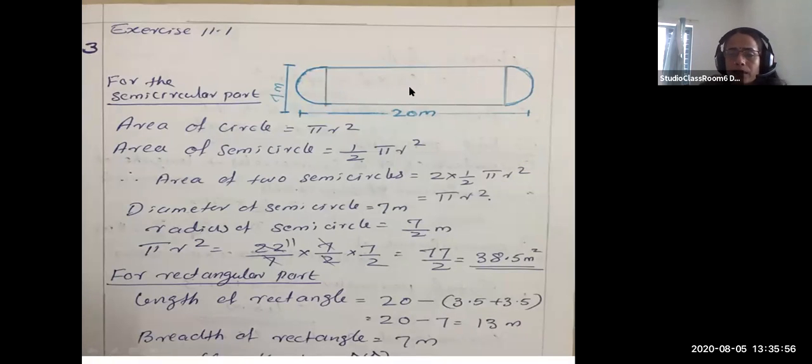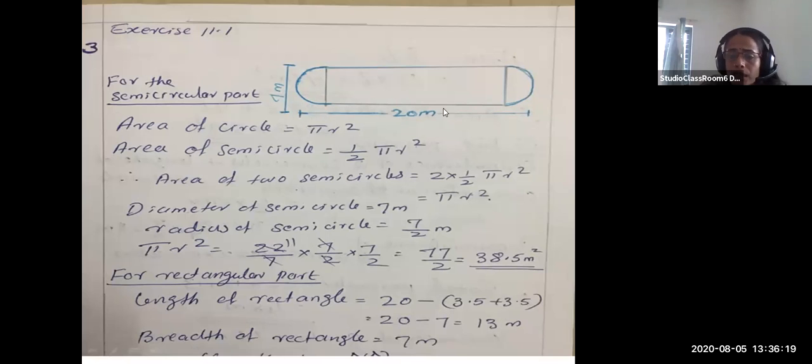Once again I will explain you. The garden has the shape of a rectangle in the middle and ends are two semicircular parts. For getting the total area of the garden, we need to find the area of semicircular parts first. We will find area of these two semicircular parts. Then find area of the rectangle.